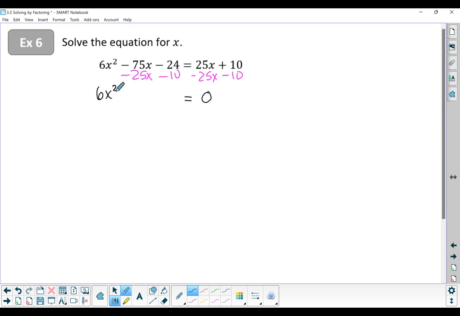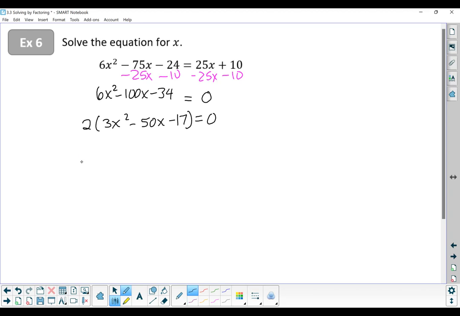So I have 6x squared minus 100x minus 34. This looks tricky to factor. Always, especially if it looks tricky, look for a common factor. We don't have a very large common factor here, but we do have a bunch of even numbers, so we can at least factor out a 2. That makes the middle term coefficient a 50, and that makes our constant 17.